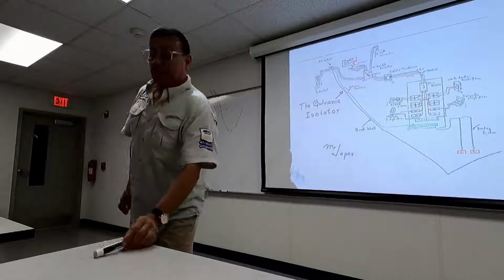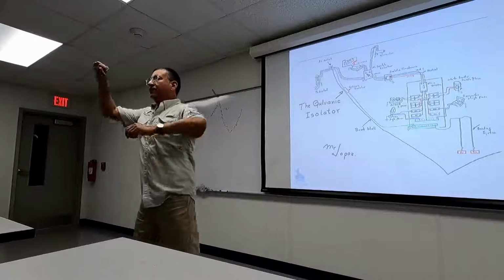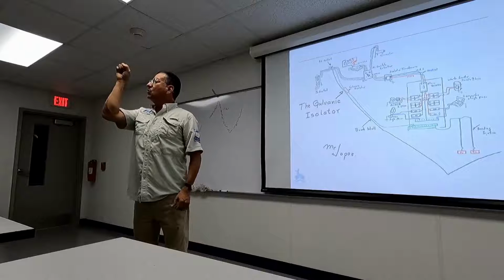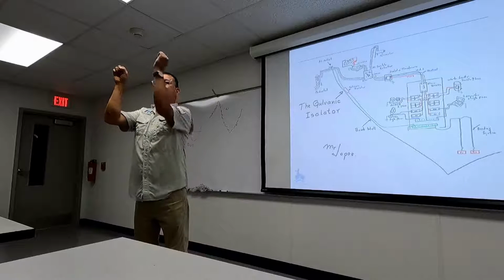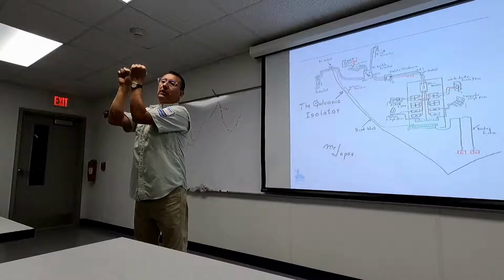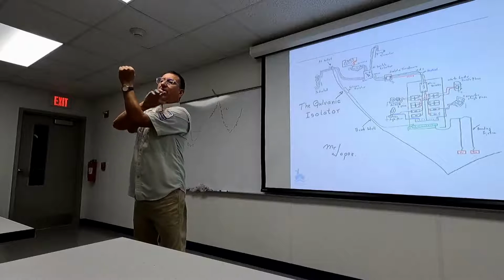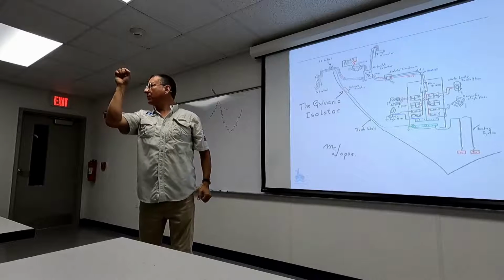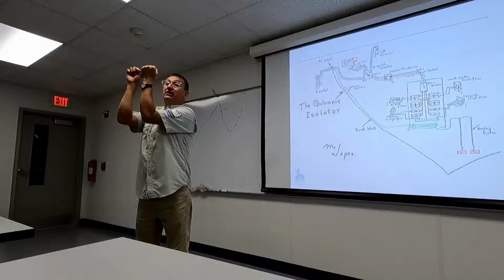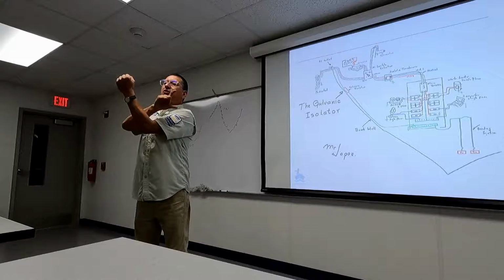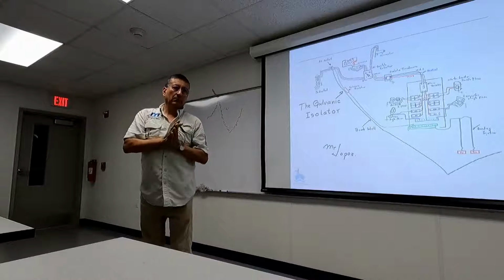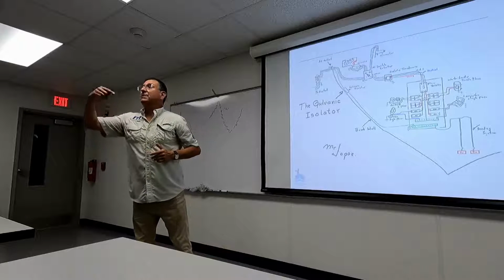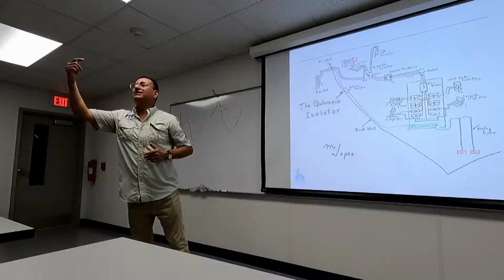If you remember yesterday, what happens in a transformer if the first coil has 100 turns and the second coil has 50 turns? How much is the voltage in the output? Half. If the input is 100 turns and the output is 200 turns, how much is the voltage? Double. Is that a step up or step down transformer?